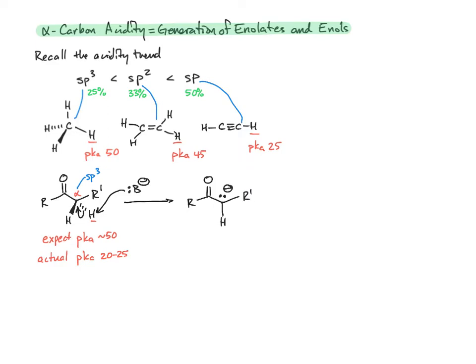So in the process, we're losing the conjugate acid of that base. The lone pair of electrons on the alpha carbon can then, through resonance, be delocalized onto the carbonyl group.